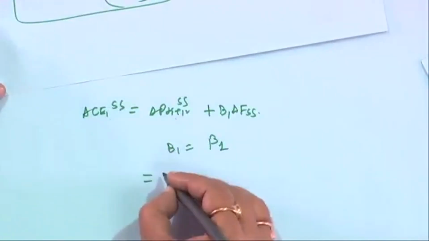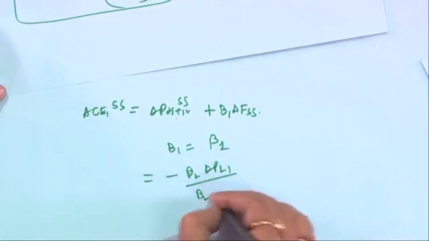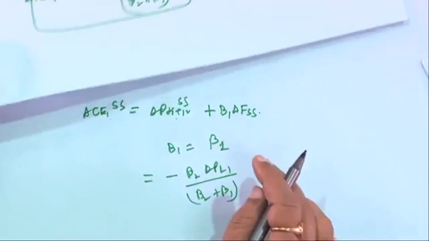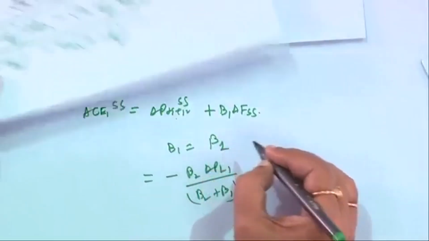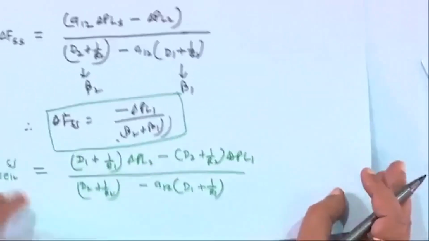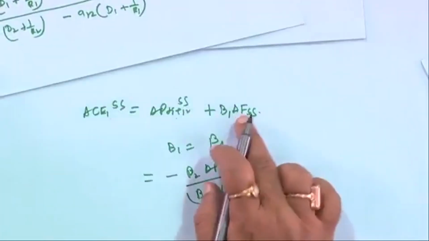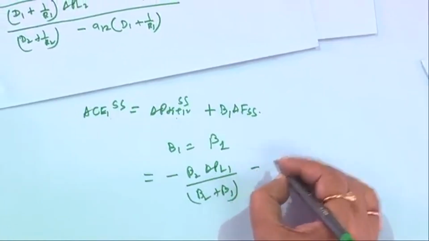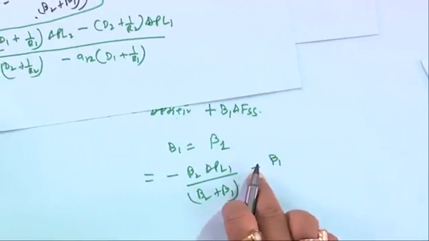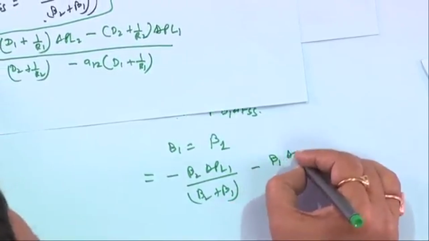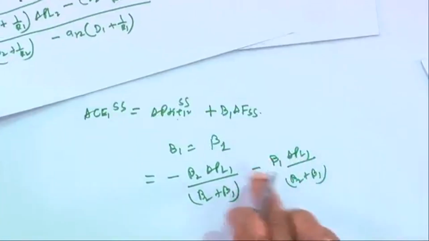Similarly, plus B1, which is beta 1, times delta FSS. If you substitute delta FSS here, it is minus delta PL1 divided by beta 2 plus beta 1, because B1 is equal to beta 1.